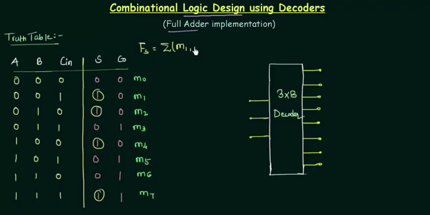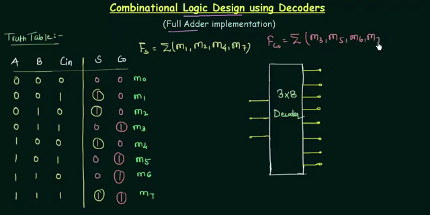So I can write M1, M2, M4, M7. Similarly, I can write the function for the carry output. It is the summation of M3, M5, M6, M7.